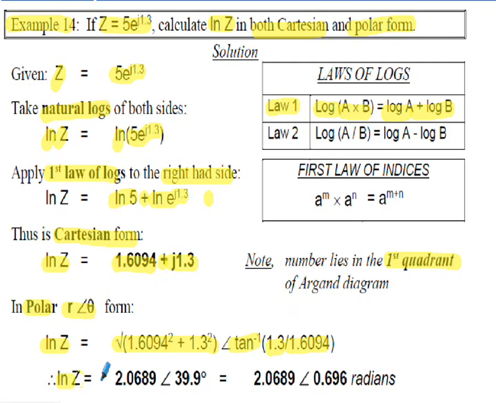So ln z can be written as 2.0689 argument 39.9 degrees, or 2.0689 argument 0.696 radians.